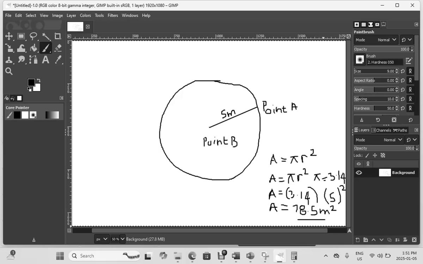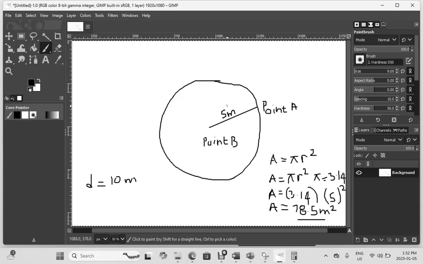Now, if you have the diameter, let's say you have a line that connects point A with point C, so this is your diameter. If you have the diameter and you want to figure out the area, let's say your diameter equals 10 meters.